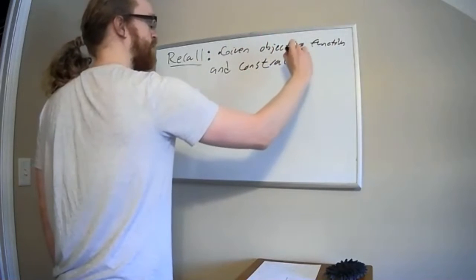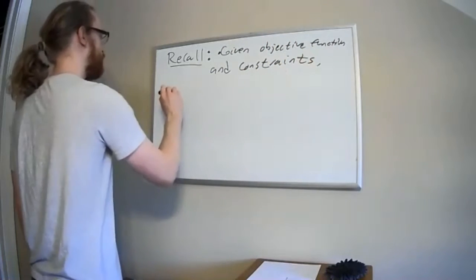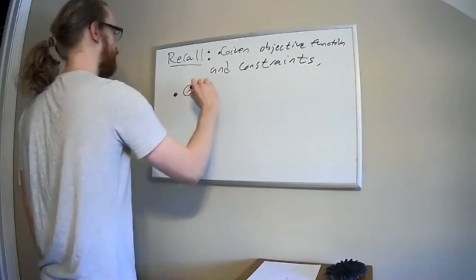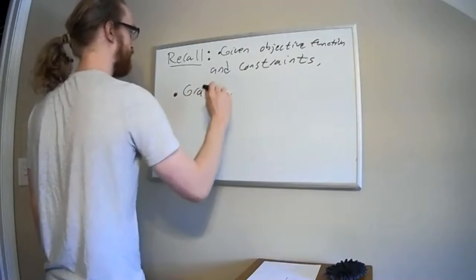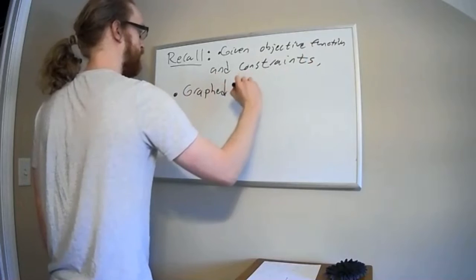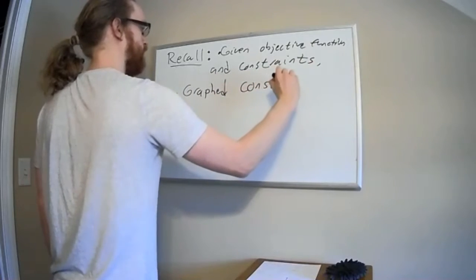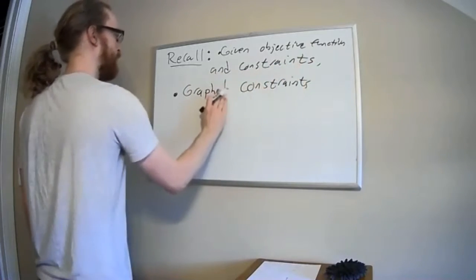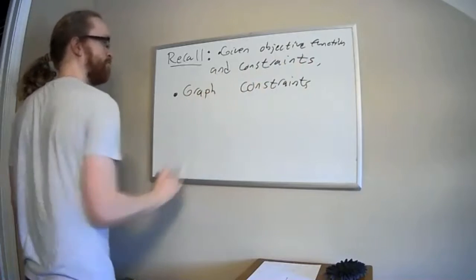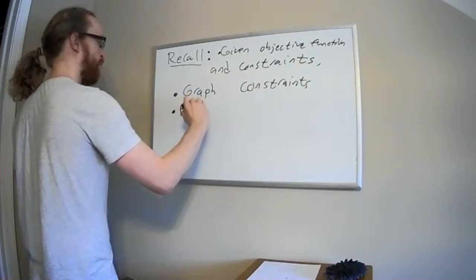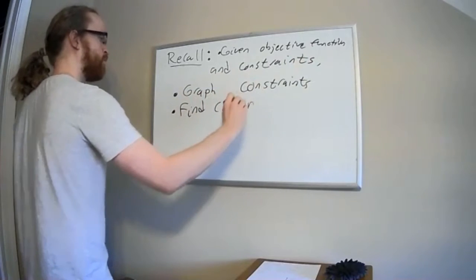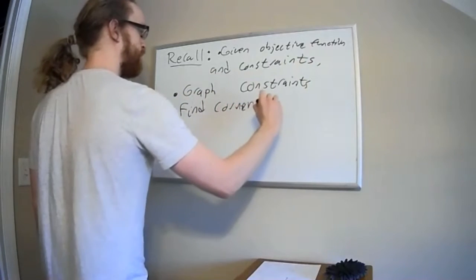But once we have our constraints and objective function, what did we have to do? Well, we graphed the constraints. Again, the constraints were a system of inequalities, so we're graphing a system of inequalities. Graph the constraints, and then once we do that, we look for corner points of the feasible set. So, corner points.